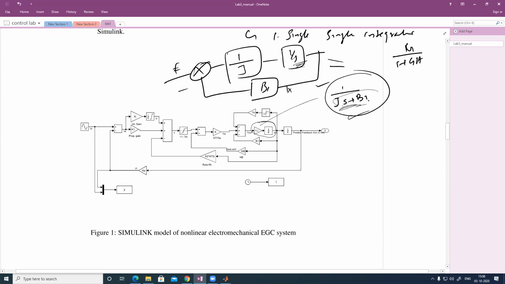Earlier some adding function was there, now it is a single integrator. This one was a limited integrator earlier, and this theta m limit we have removed. The integrator limit is as earlier. Another thing is we are converting this Kp in the forward path to Kp in the feedback path, for a realistic system.